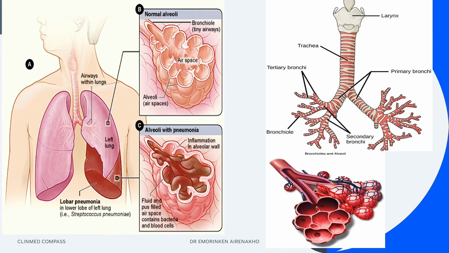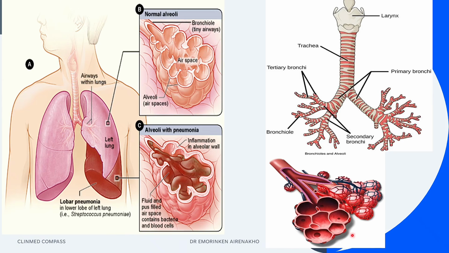This image illustrates a healthy lung compared to one infected with lobar pneumonia. Now we see the central airway, the trachea, which branches into the bronchi, and subsequently the secondary and tertiary bronchi, then to the tiny airways, the bronchioles, before leading to the alveoli.